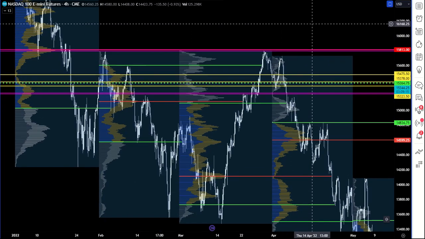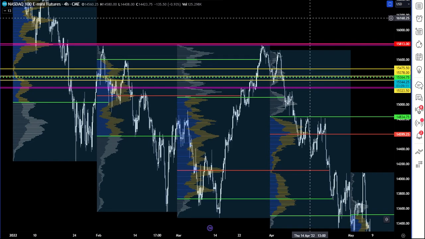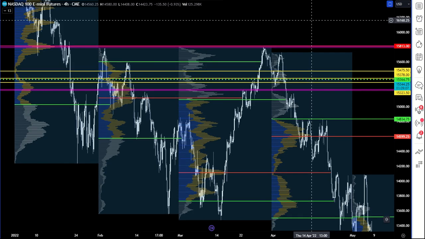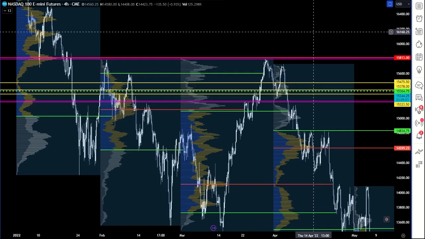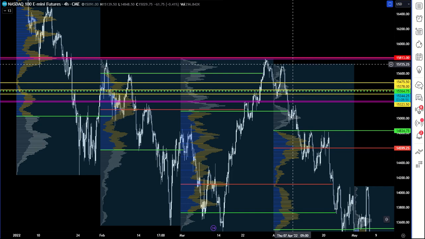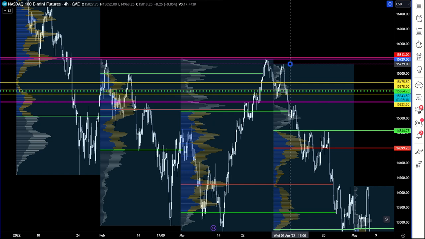Marking these value area highs, these value area lows, and then I'm simply looking for common areas of rejections or bounces based on previous price action. Let's see. So we've got this one. Here's the extreme monthly high in April of 2022.